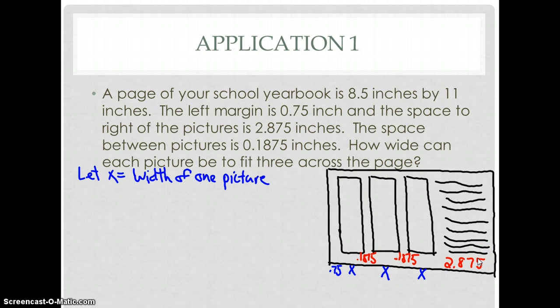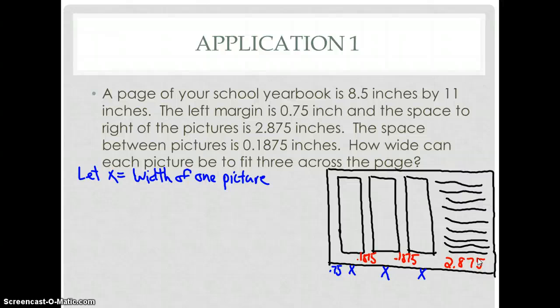So we set that information up from our problem. This entire thing is 11. This entire thing is 8.5, which we really won't need to worry about that part of it. But we need to know the left margin, 0.75, and then we're looking for the width throughout there.